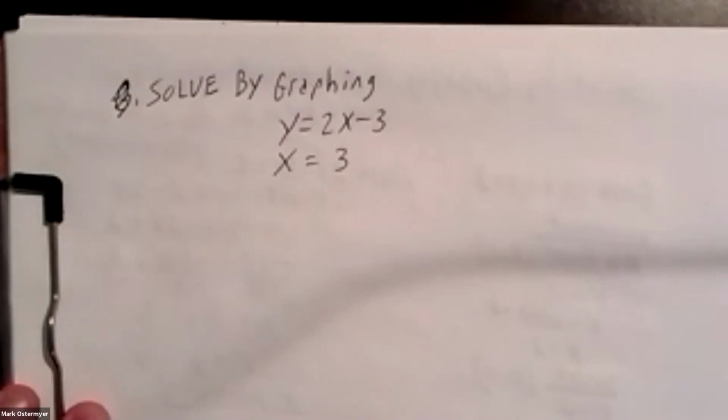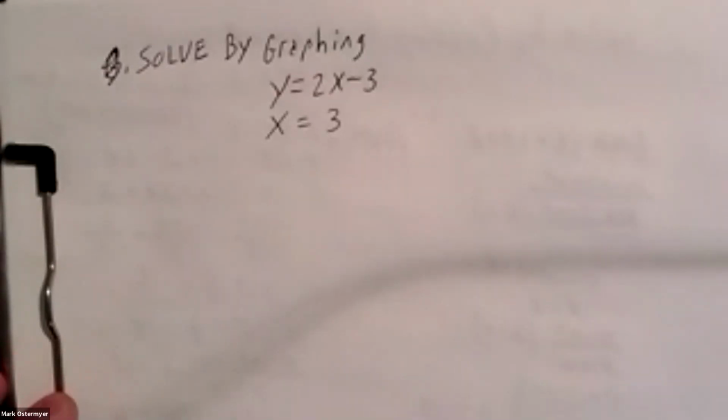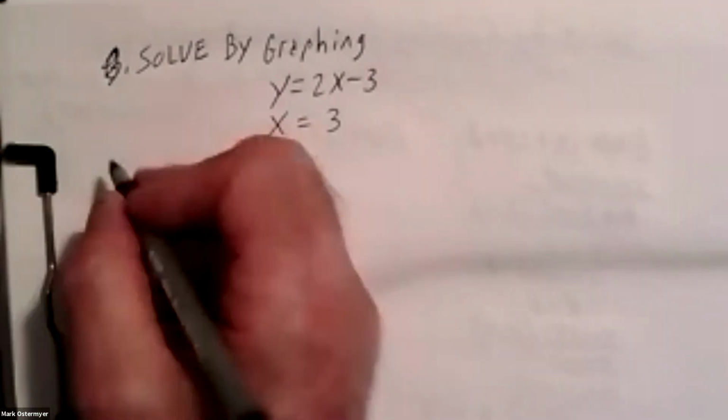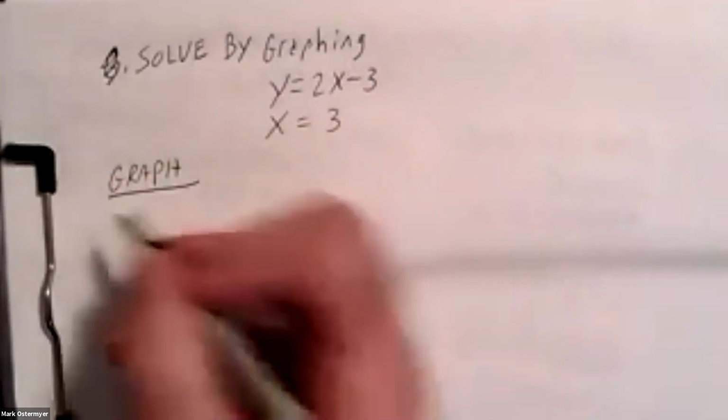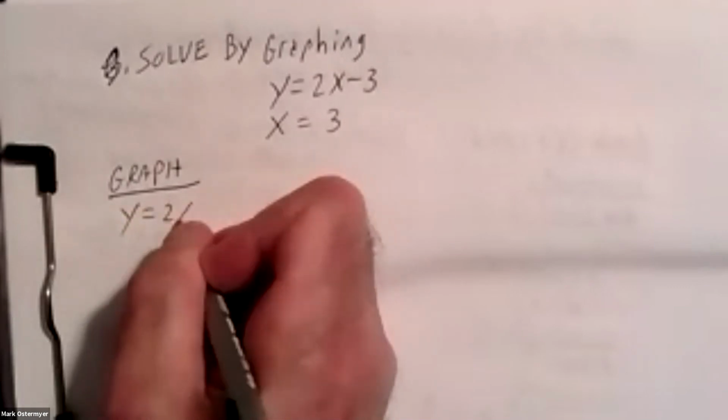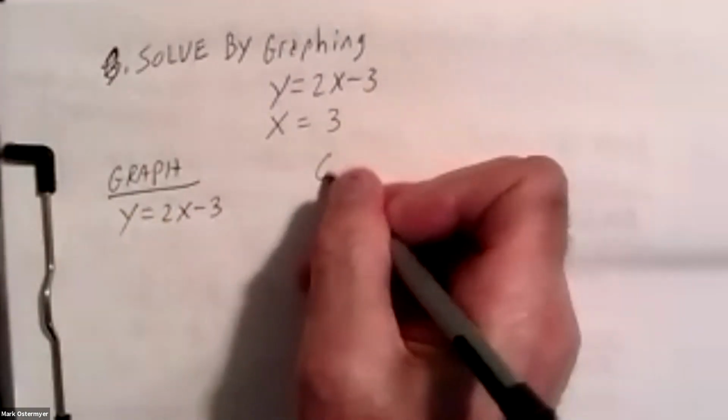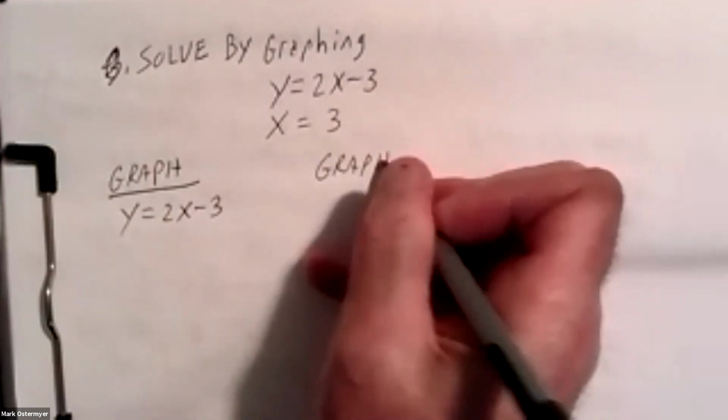So that's the system that we're going to try to solve via graphing, ladies and gentlemen. And we're trying to solve this system by graphing. As the name suggests, we're going to have to graph two linear equations. We're going to have to graph, first of all, y equals 2x minus 3. And then we're going to have to graph x equals 3.